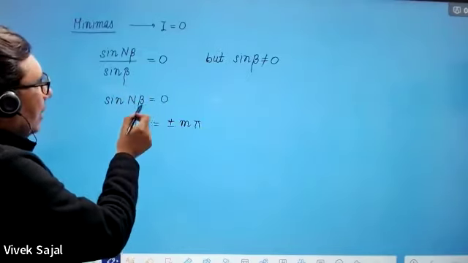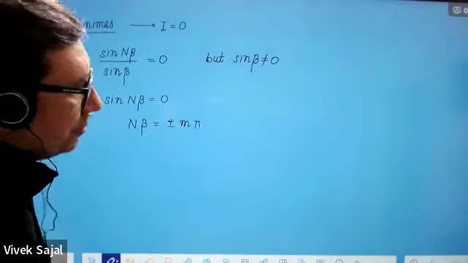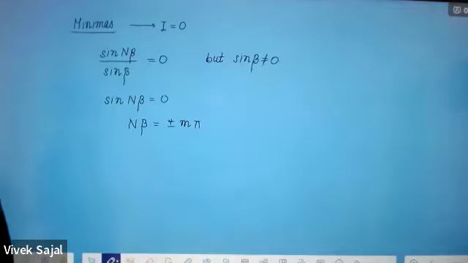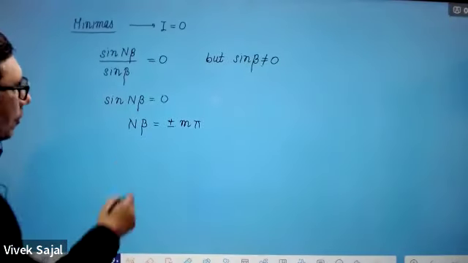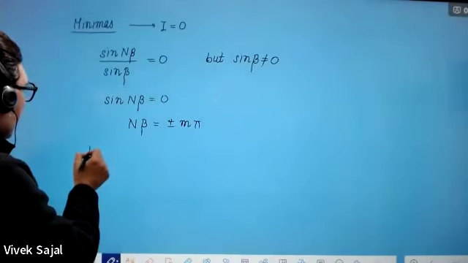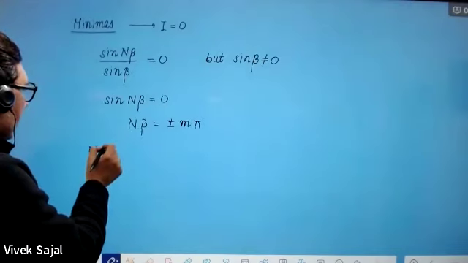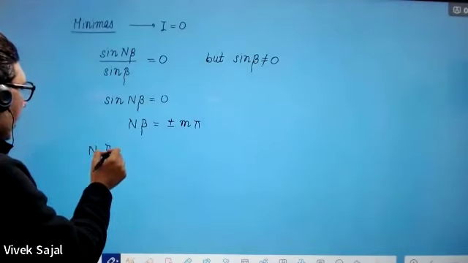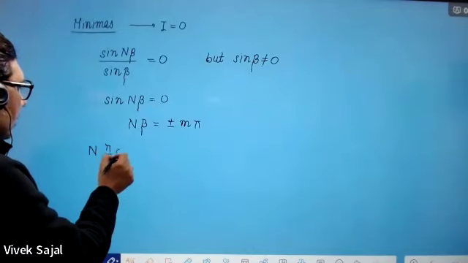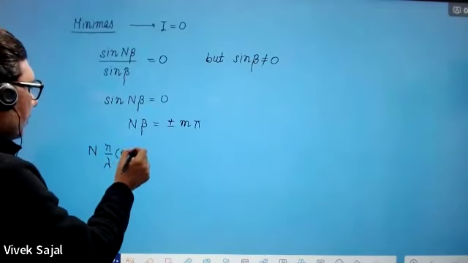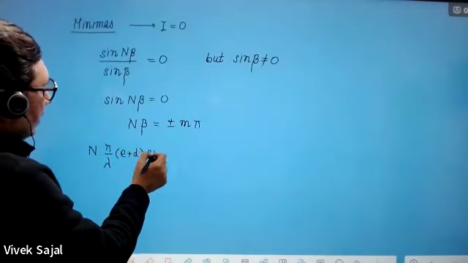If you write m pi here, automatically it is going to be 0. Beta is pi by lambda times (e plus d) sine theta.